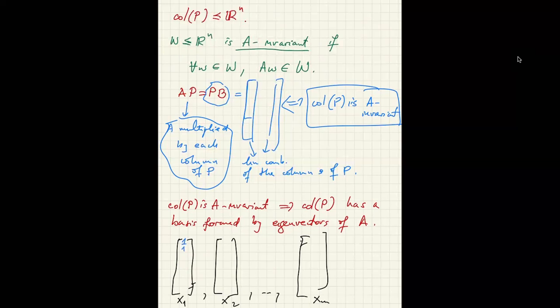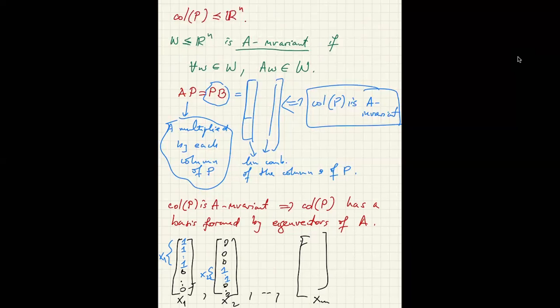And how do these characteristic vectors look? Well, x1 has a 1 on the positions corresponding to x1, and it has a 0 everywhere else. x2 is similar. It has a 1 on the positions corresponding to x2 and 0 everywhere else.